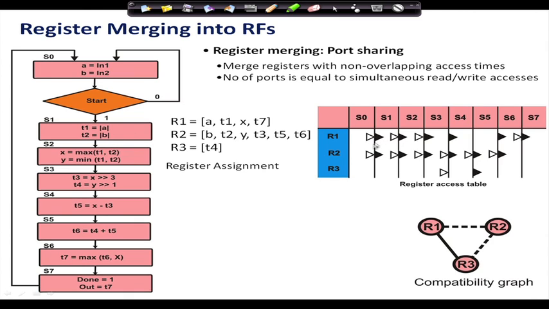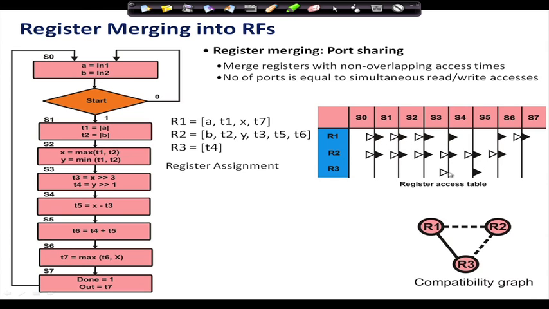Okay. Now, in that way I just plot this, so let us take R2. At state S0, R2 has got B, B is being written, and at the next clock B is being read, all right. Similarly, for state S1, R1 is being read, and all this is being done.